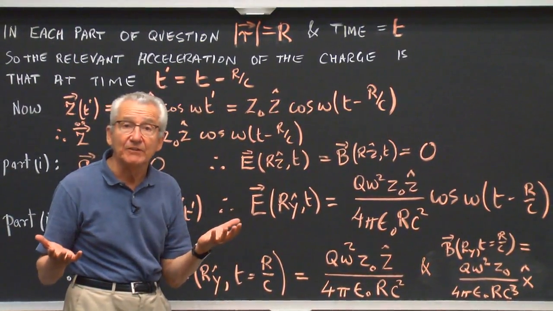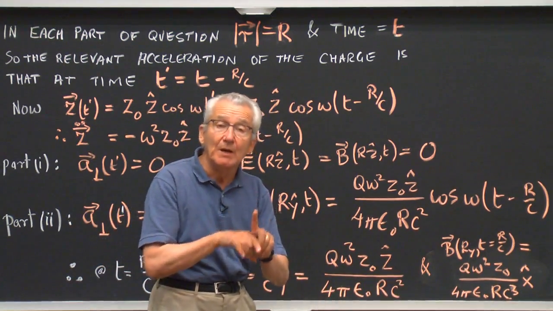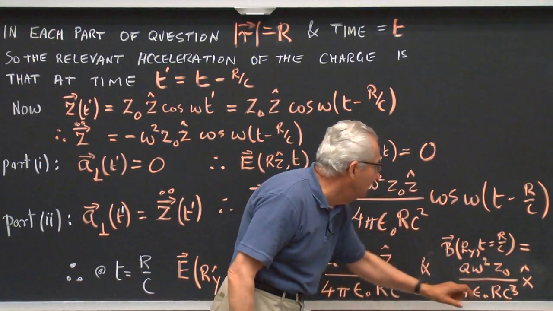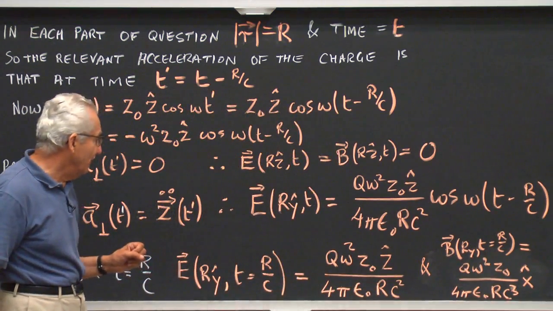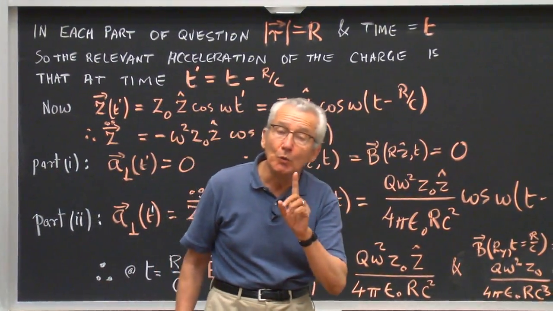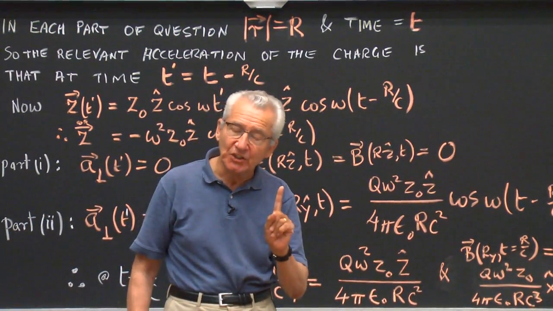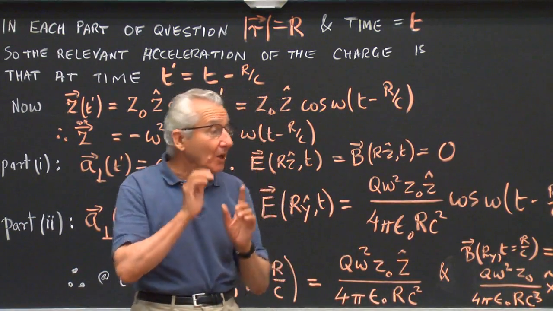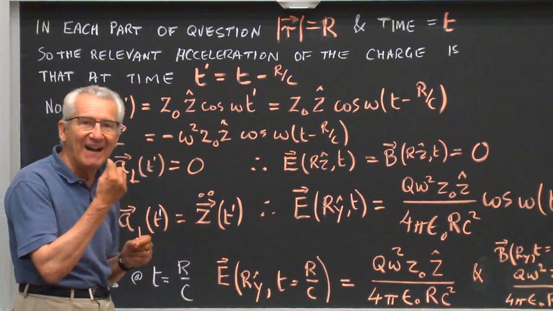This is the electric field. What is the magnetic field? Well, as I told you, if you know the electric field, B is perpendicular to it and proportional to it, with just a 1 over c, so here you have a c cubed. And the magnetic field is in the x direction. The electric field is always parallel to the accelerated charge. The magnetic field is in the perpendicular direction. Also, it is important to remember the minus sign.